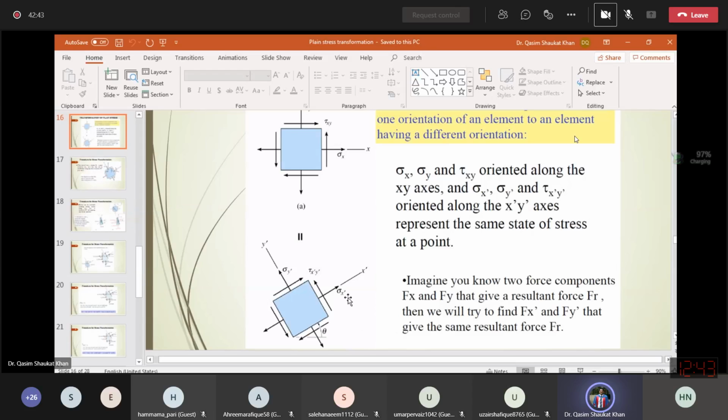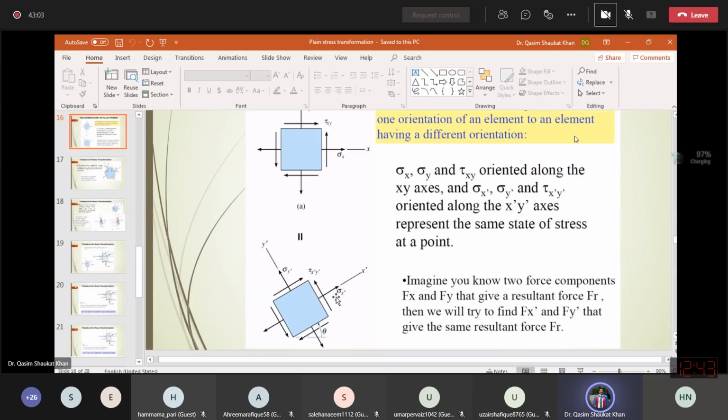They will actually be sigma x dash, sigma y dash and tau x dash y dash. So I want to calculate these stresses along the rotated axes, the transformed normal stresses and shear stresses.